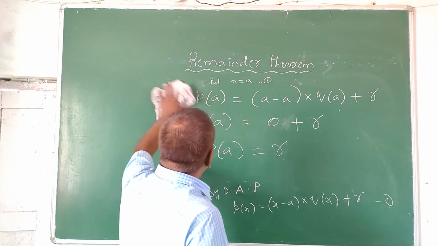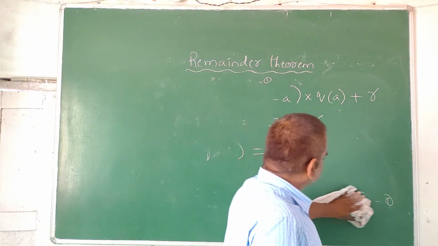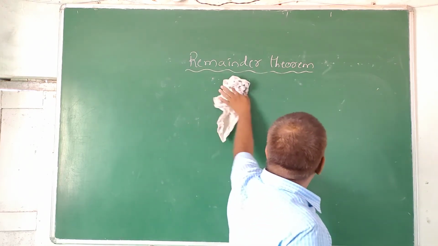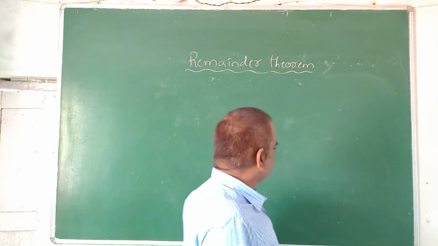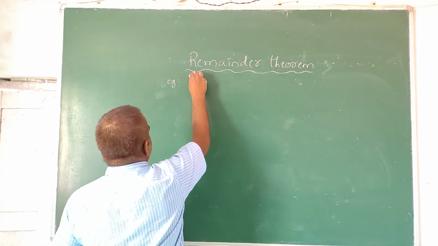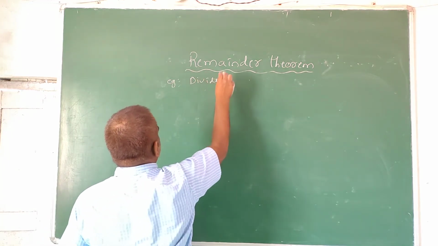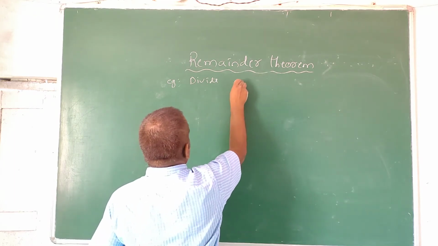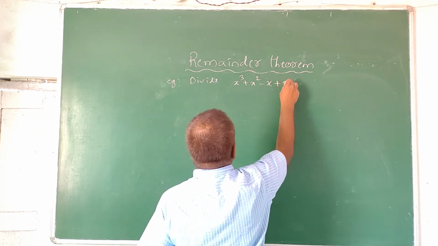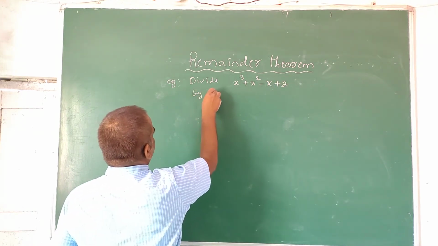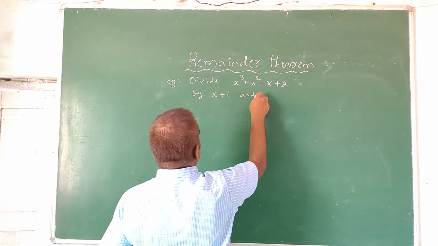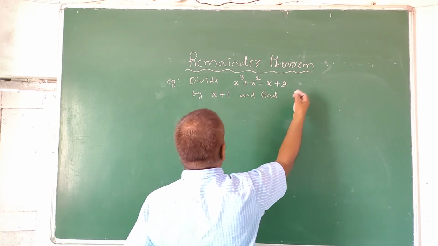So now we'll do one problem and we'll verify the remainder theorem. Okay? So let us take an example. Divide x cube plus x square minus x plus 2 by x plus 1, and find the quotient and remainder by actual division.